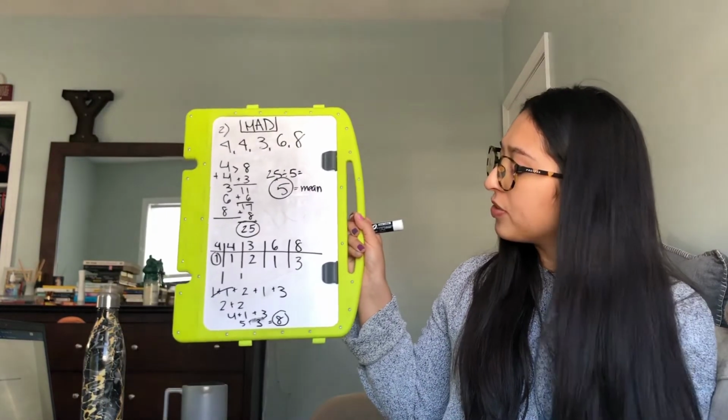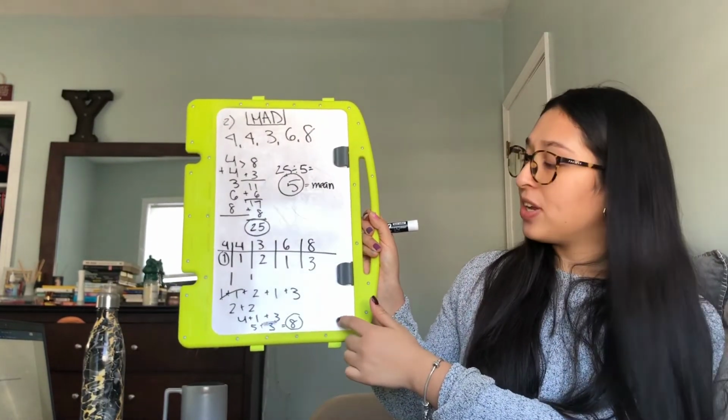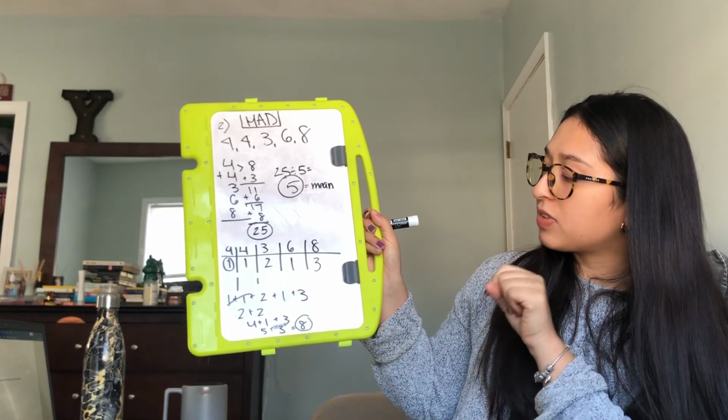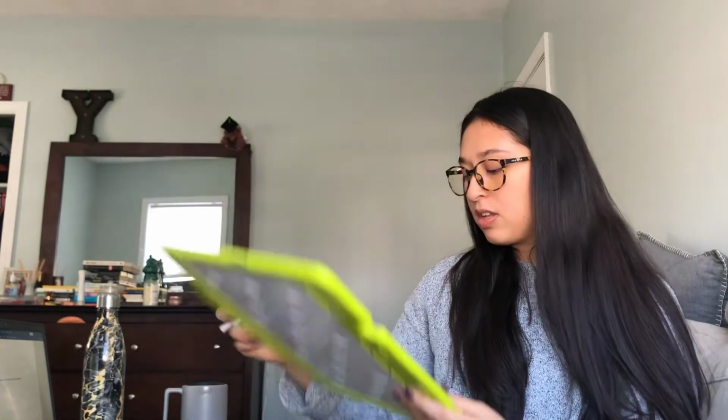So when you add up all those values, you should get 8 as a final answer, and I'll just double check my work. 2, 4, 5, 6, 7, 8. Perfect. Same thing. Once I added up all those values, I'm going to divide by the number of values. 1, 2, 3, 4, 5.